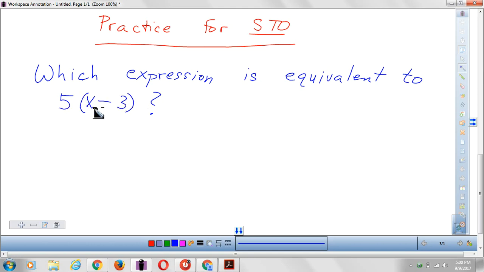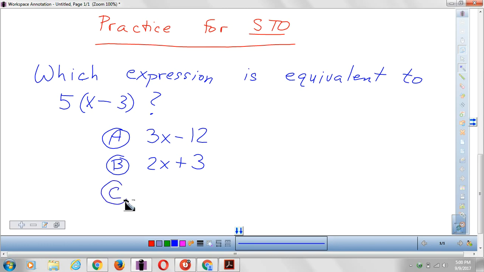Okay, so we're going to look at this expression, 5 times x minus 3. And I'll give you 3 choices. A will be 3x minus 12. B will be, let's say, 2x plus 3.